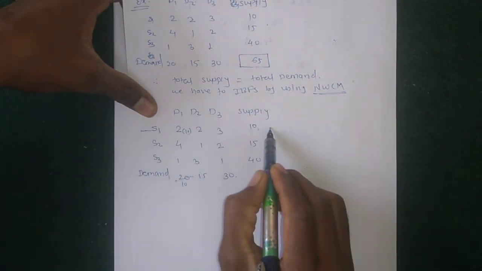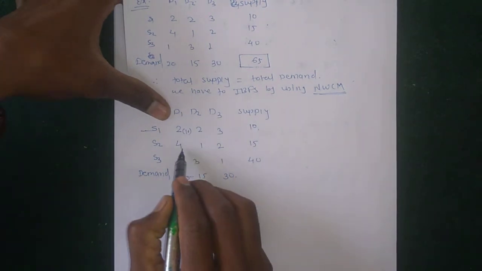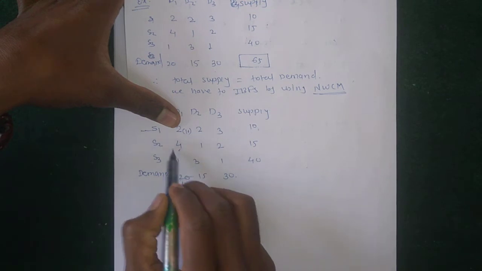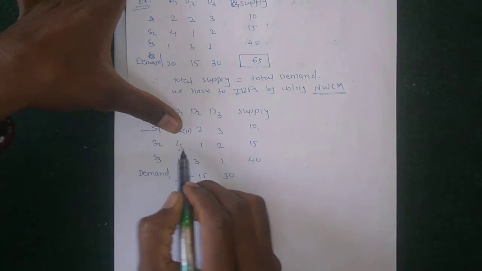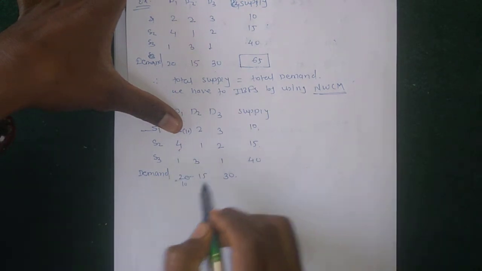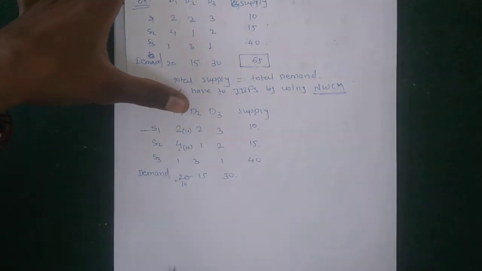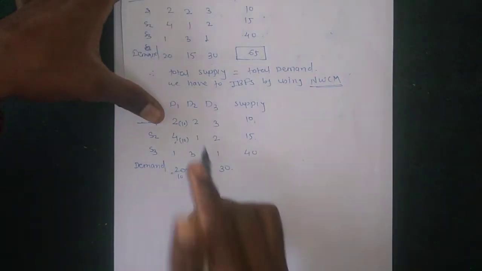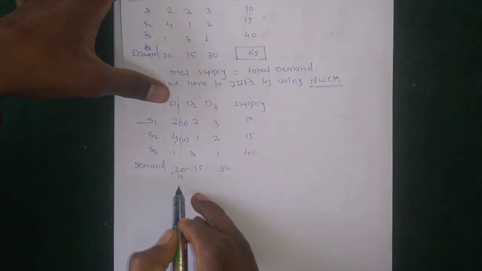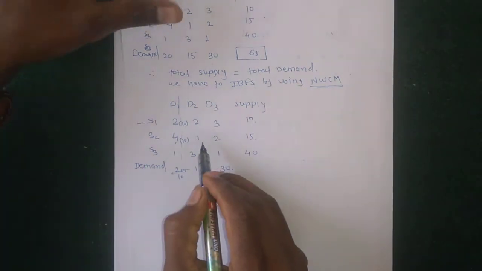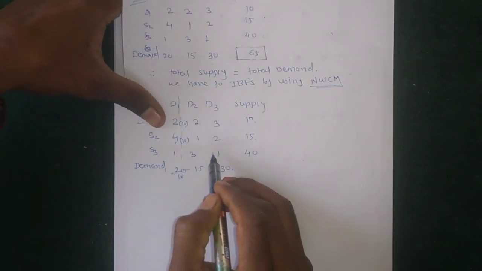Then the next northwest corner has value 4. Here the supply is 15 and the demand is 10, so allocate 10, and delete this column. The first row and first column are deleted, and the remaining values are 1, 2, 3, 4, 3 and 1.